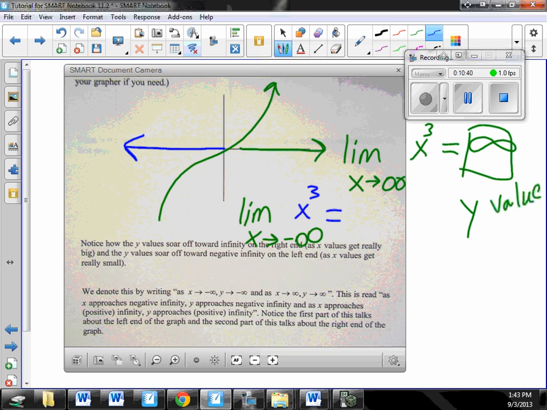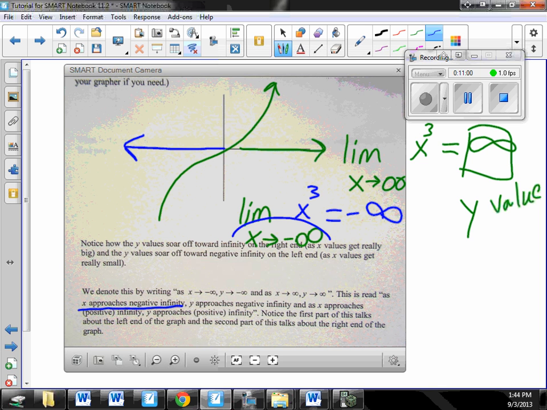It's going down, so we're approaching negative infinity. This is read as x approaches negative infinity. So as x gets smaller, the y value also gets smaller as it approaches negative infinity. Okay?